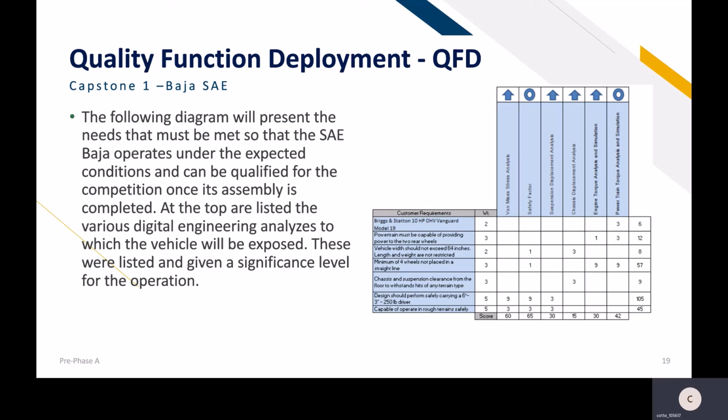If these arrow symbols point upwards, it indicates that if the MOP increases in value, it is of better benefit. If the arrow symbol points downwards, it indicates that if the MOP decreases in value, it's of better benefit. And the circle indicates a specific value that is required.